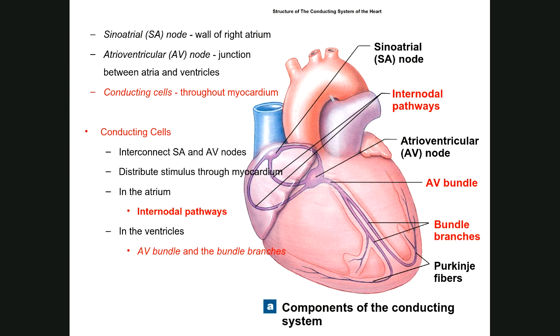And in the ventricle we have conducting cells too. We have the atrioventricular bundle that exists in the septum that separates both ventricles, and also we have the bundle branches, the left and right bundle branches.